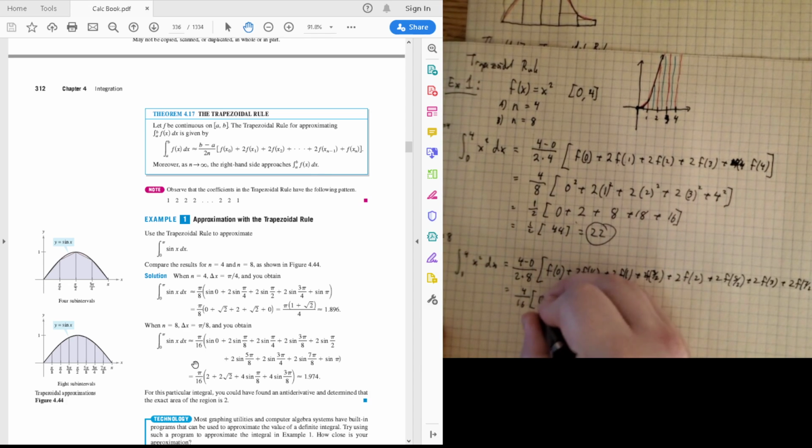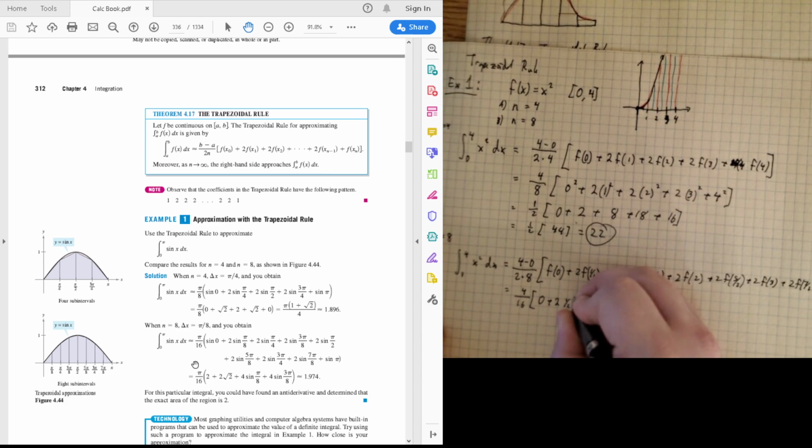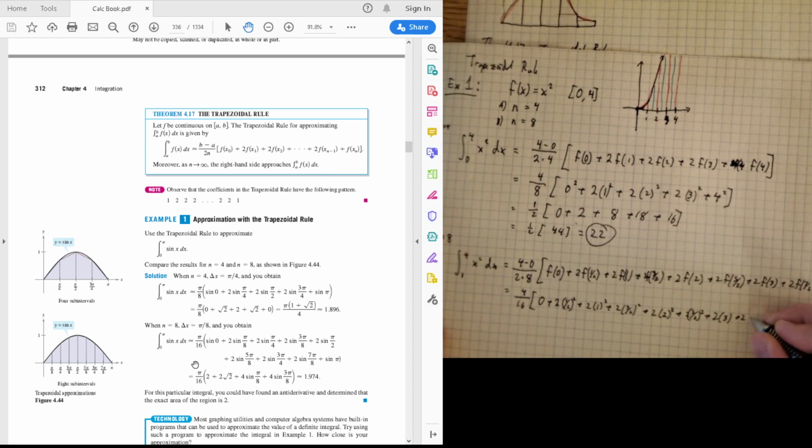F of 0 is still 0. 2 times 1/2 squared. 2 times 1 squared. 2 times 3/2 squared. 2 times 2 squared. 2 times 5/2 squared. 2 times 3 squared. 2 times 7/2 squared. And then 4 squared.